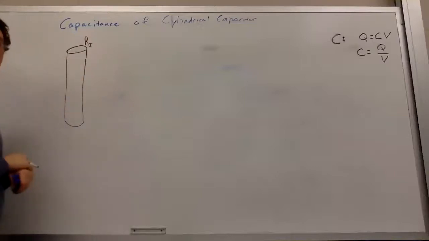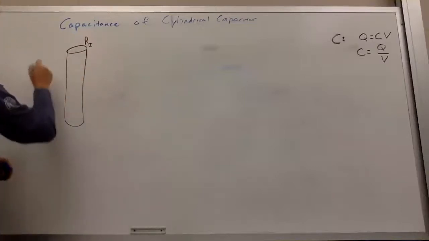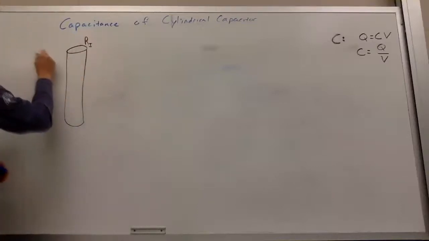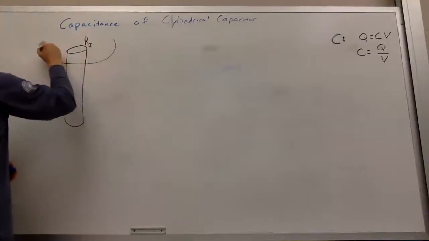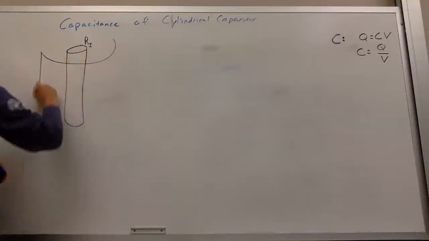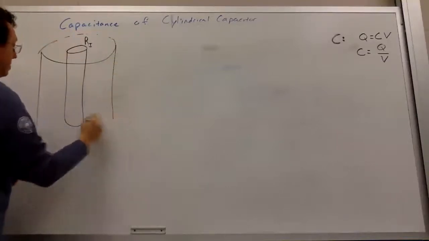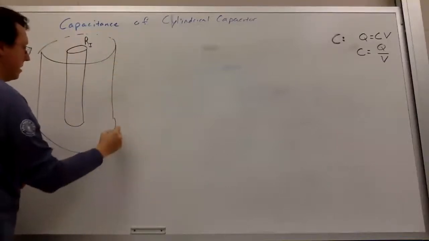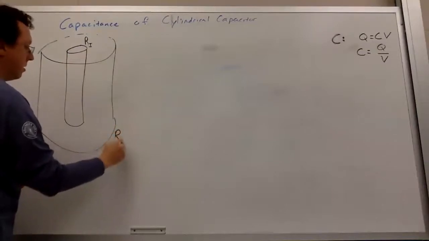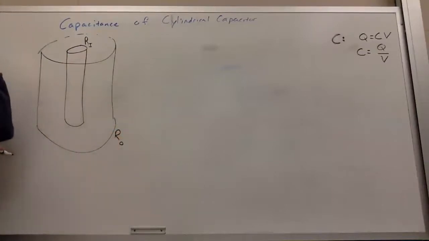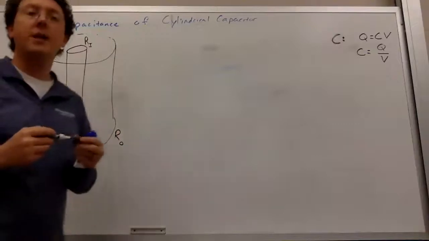And then there's another cylinder with a larger radius, call it RO for R outer. So this is like a coax cable.